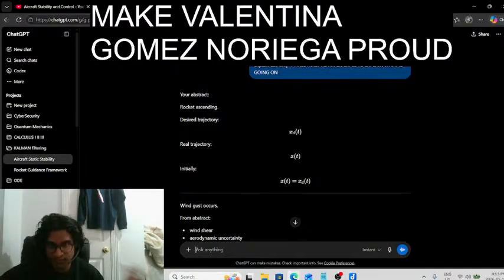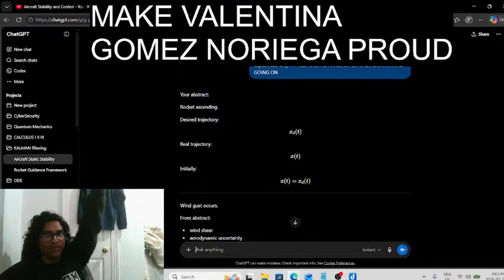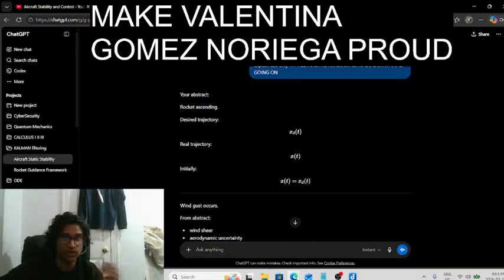All right. So the rocket is ascending, going up. So let's say, for example, the rocket is going upwards. The desired trajectory will be x d of t.